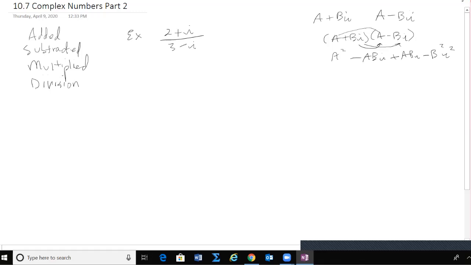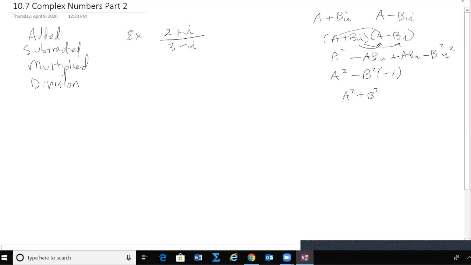Now the middle two terms cancel because they're opposites, abi and minus abi. So we still have a squared, and over here you'll have minus b squared times i squared, which is negative 1. So i squared is negative 1, and that makes this a squared plus b squared.